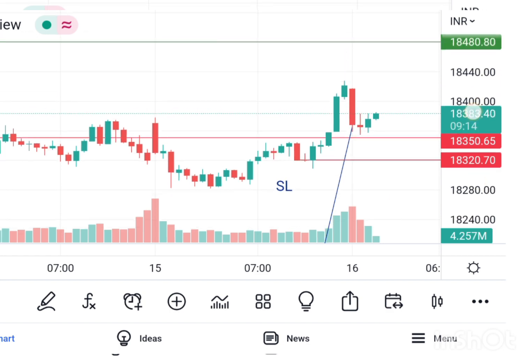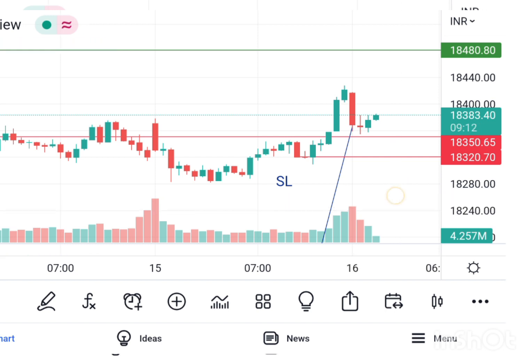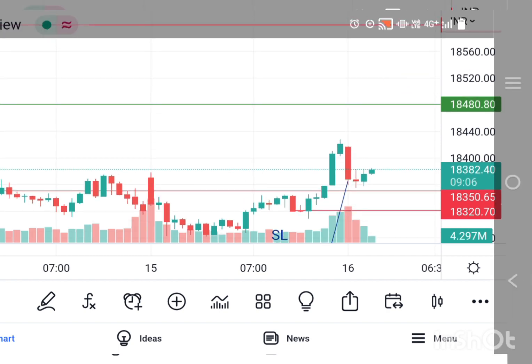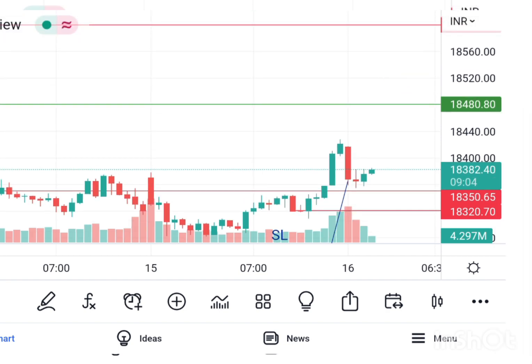And I'm waiting to take a PE. In case Nifty touches this point tomorrow, then I'll take a PE of next expiry. A PE of 18,300, a PE of 18,200 for next expiry.